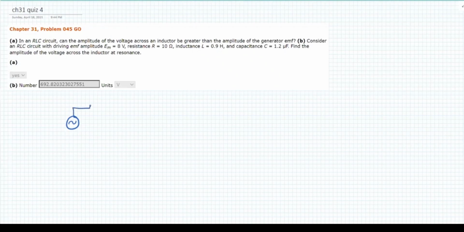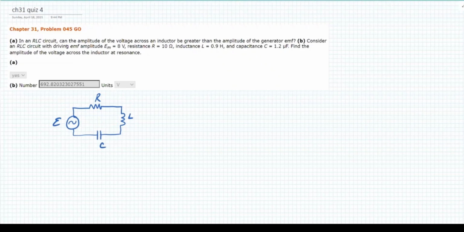Here's a resistor, here's an inductor, and here's a capacitor. So there are four elements: the generator, generating the EMF, R for resistor, L for inductor, C for capacitor. An RLC circuit with a generator.